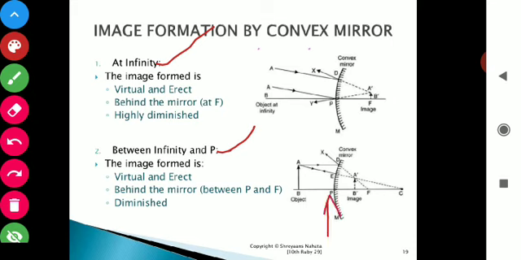So anywhere we can place here, here, here. So in all the cases, we will have the position of the image between P and F, and the image size in all the cases will be smaller than the object.